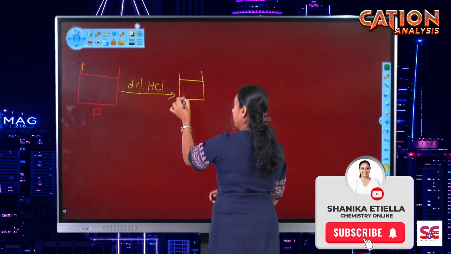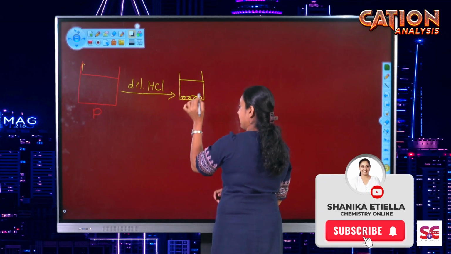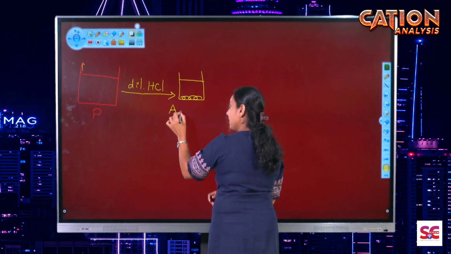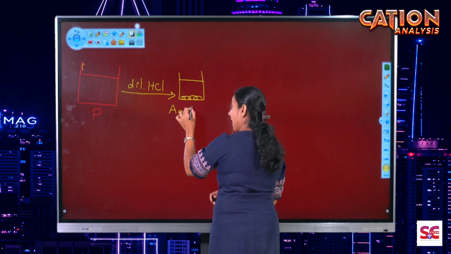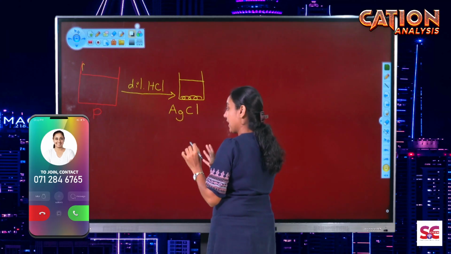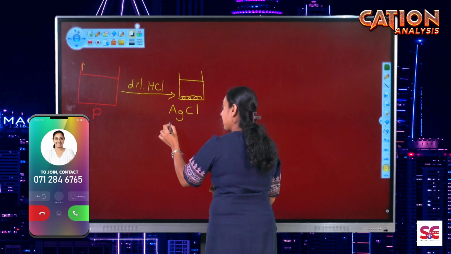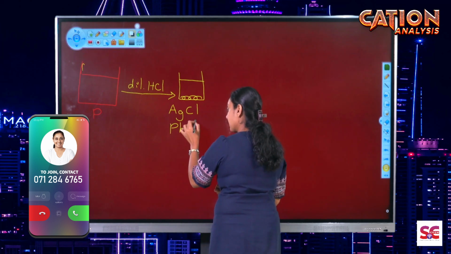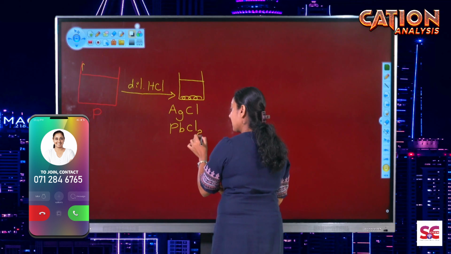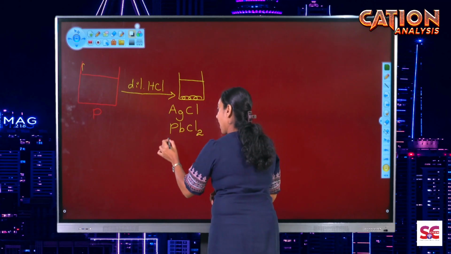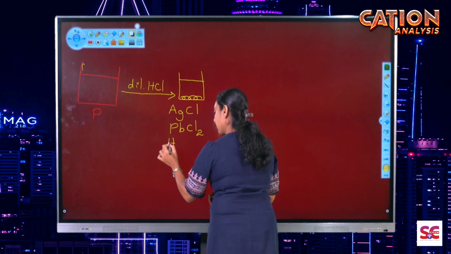There is a filtrate and the precipitate. The precipitate must be AgCl. If silver ions are present, it precipitates as AgCl. If Pb2+ ions are present in the cation sample, it precipitates as PbCl2, lead chloride, and Hg2Cl2.